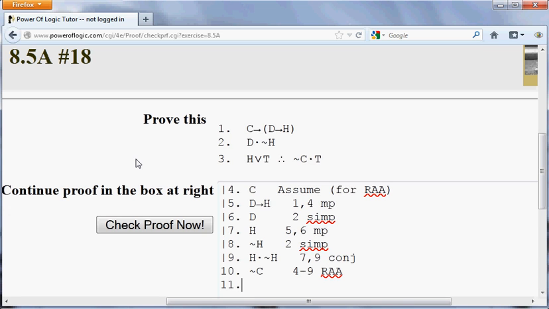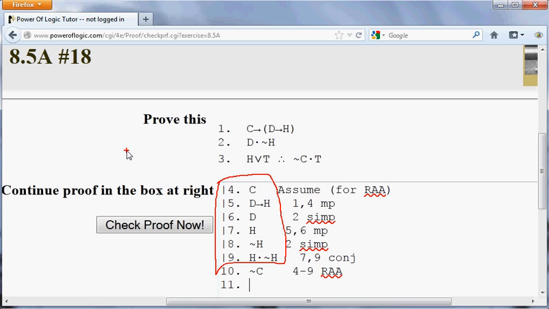But I'm not done yet, because I want to prove more than not C. It's important to note here that at this point in the proof, all these lines in the box, I can't use them anymore to justify subsequent lines. They're true only on the assumption that C, but I've discharged that assumption.